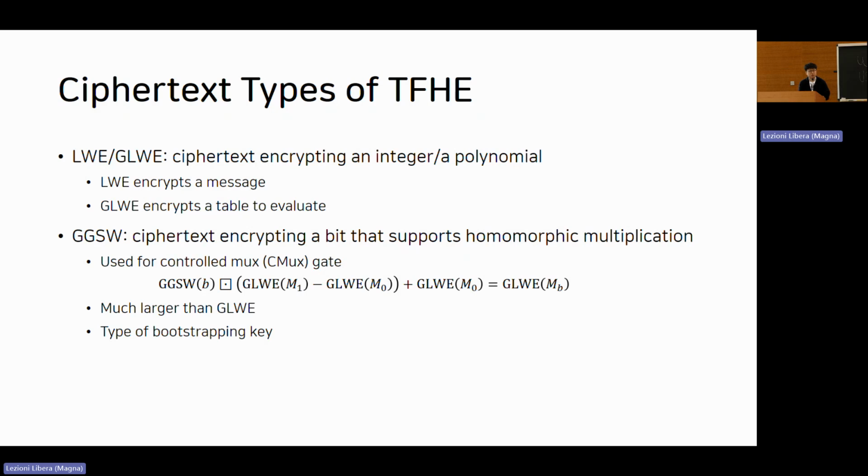One important ciphertext type is GGSW, which stands for Generalized GSW ciphertext. It is a special type of ciphertext that supports homomorphic multiplication with linear noise growth. So it is usually used to evaluate the controlled mux gate, or CMUX gate in short, which can select one of the GLWE ciphertexts without knowing the selection bit b.